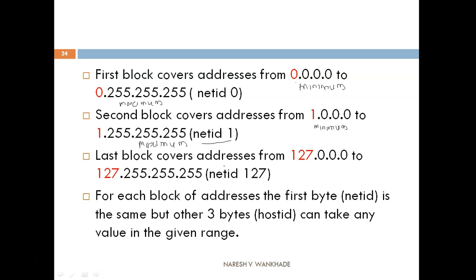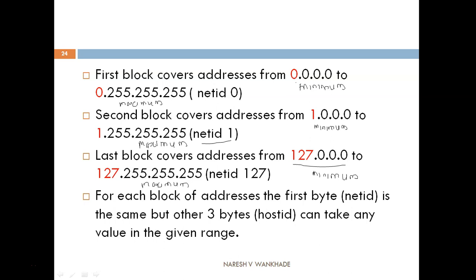And the last block covers addresses from 127.0.0.0, which is the minimum value, to the maximum value, that is 127.255.255.255, the maximum value when net ID is 127.